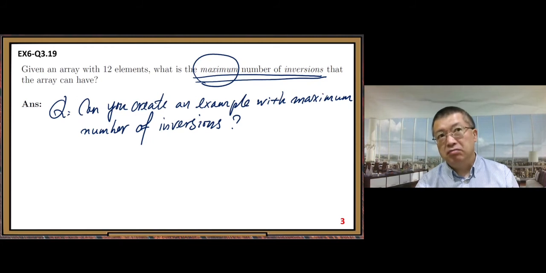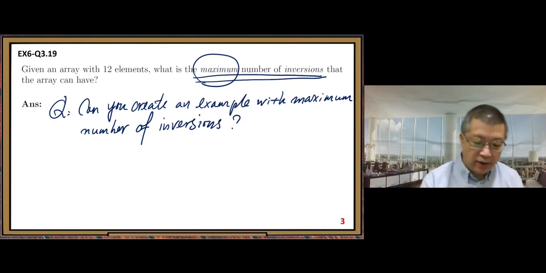Any two elements as a pair give us one inversion. All right?